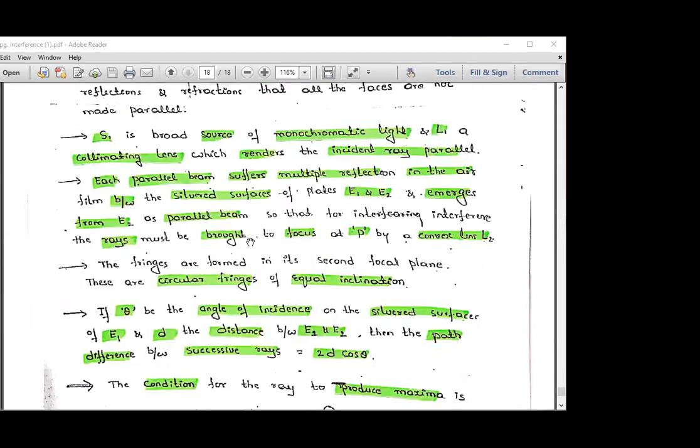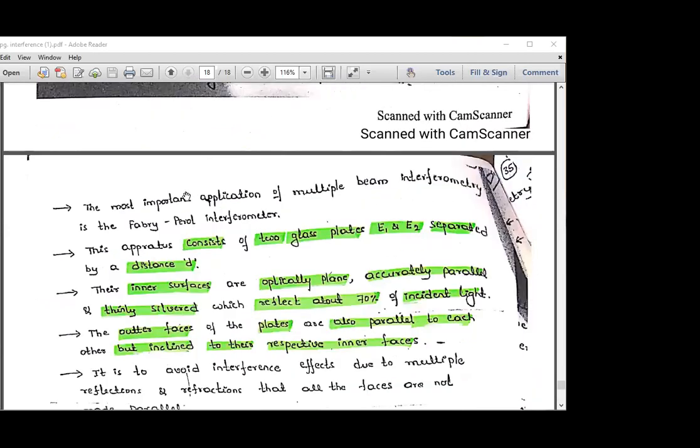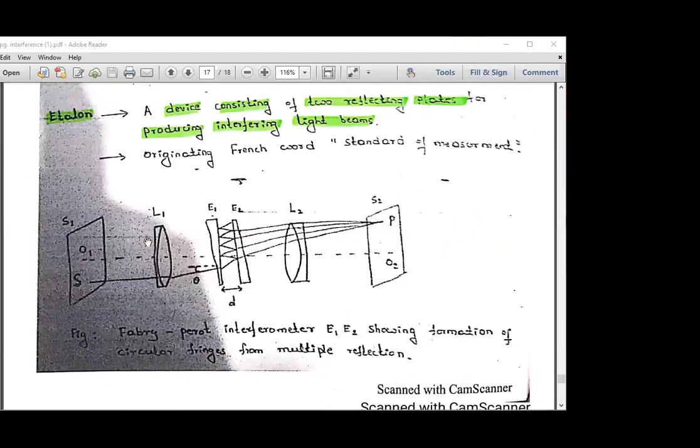Now, S1 or S is the monochromatic source of light. Light from the monochromatic source is made to fall on the achromatic combination of lenses, L1. The source is kept at the principal focus of L1.